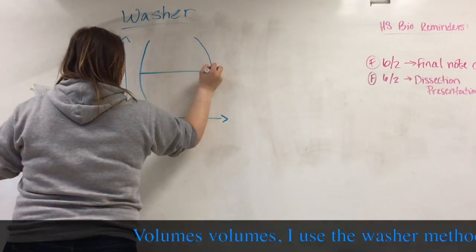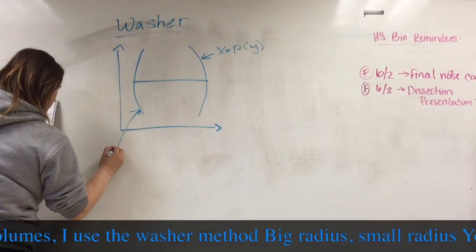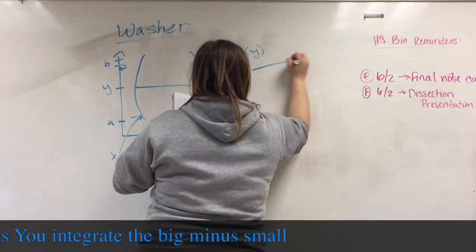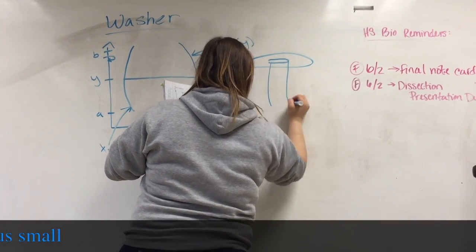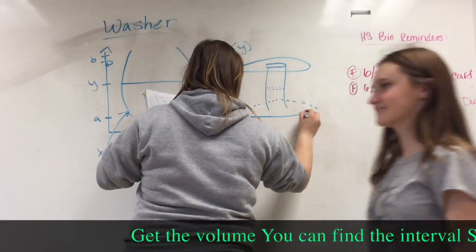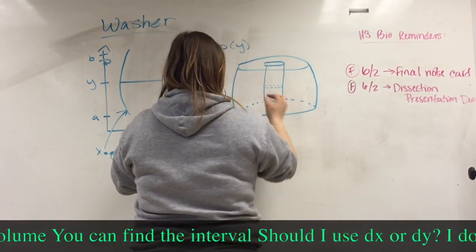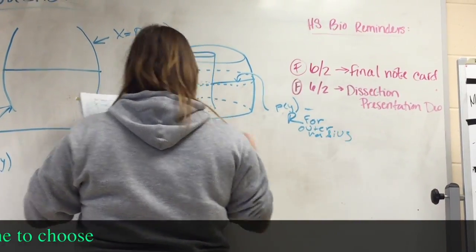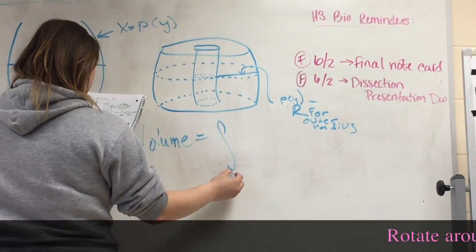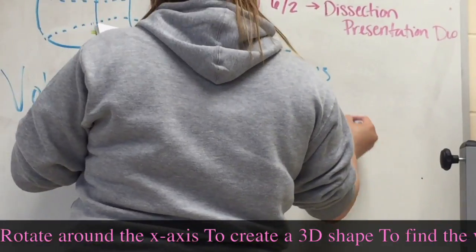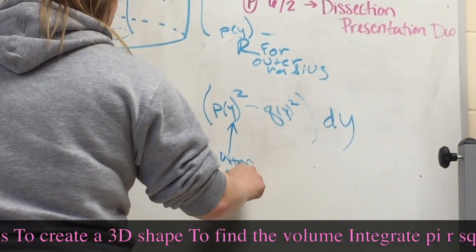Volume, I use the washer method. Big radius, small radius, you integrate the big minus the small. Get the volume, you can find the interval. Should I use dx or dy? I don't know which one to choose. Rotate around the x-axis, create a 3D shape.